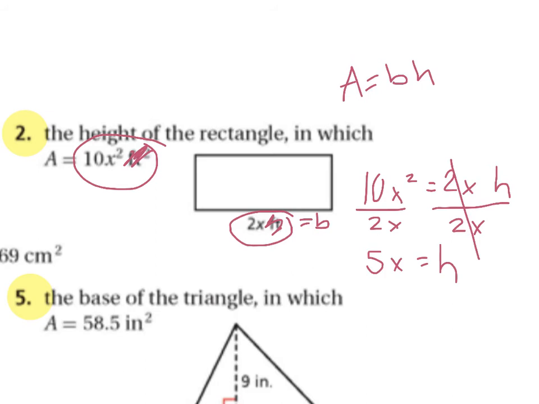So our height is going to be 5x feet. And if we wanted to, we could test our work and multiply the 5x by the 2x, and we're going to get 10x squared for our area. So we could just test it by multiplying base times height, and we'd get the same answer. So this is what the question's looking for. It gives us the area and asks us to find the height.